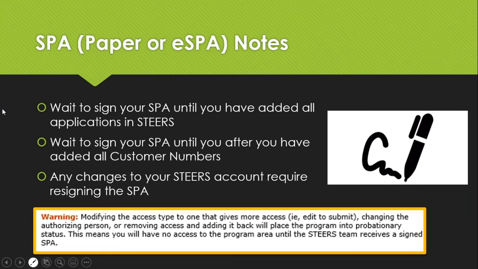And keep in mind, any change to your STEERS account as far as authority access for currently added applications or adding new applications will put that back into probation, and a new STEERS participation agreement will need to be submitted.